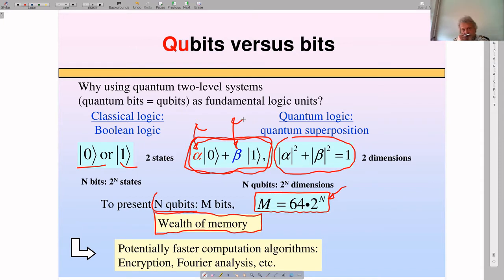But that's not what is available. So there is a problem with using this wealth of information, reading and writing to it. That's why quantum computing is not about using it as memory. It's about processing.